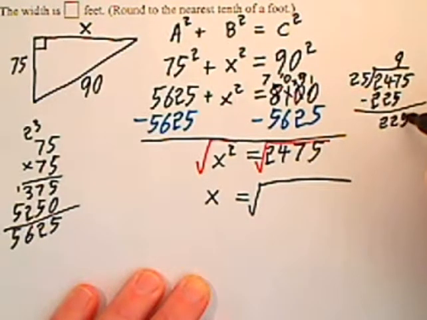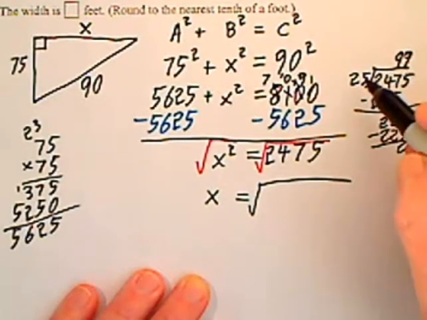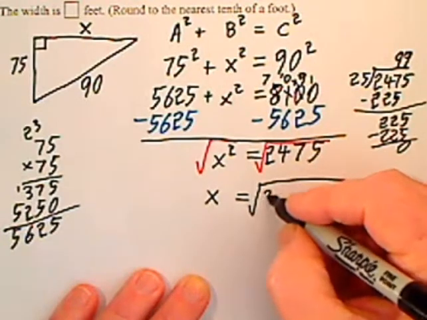Bring down my 5, and that'll be 9 times again, and that would be 225. That'd give us a 0. So 25 times 99, and 25 is one of my candidates.